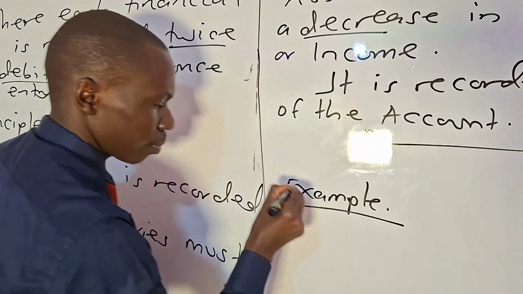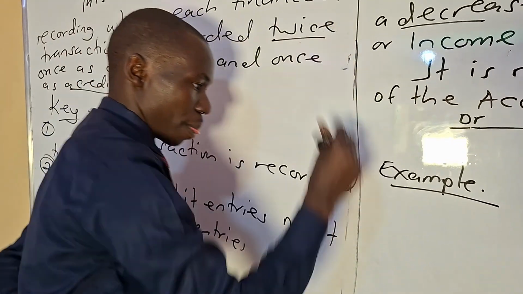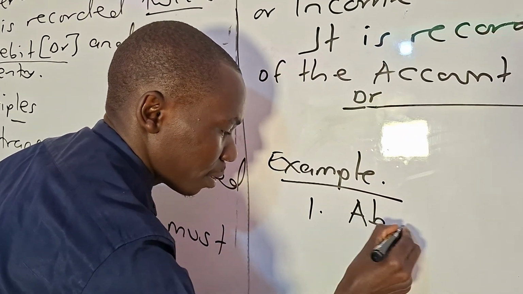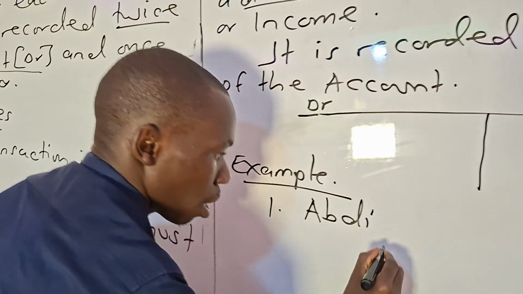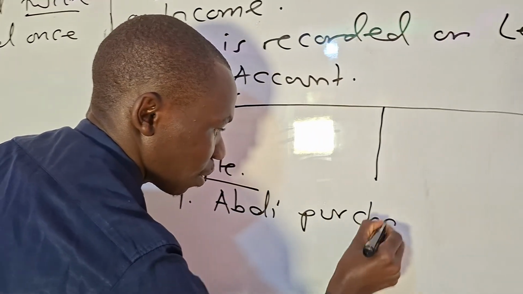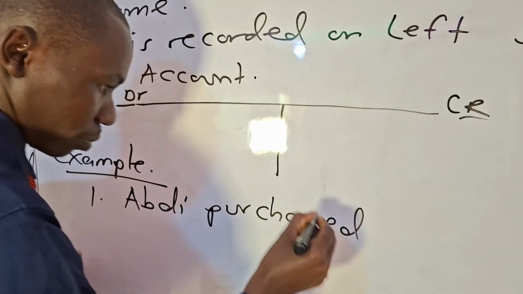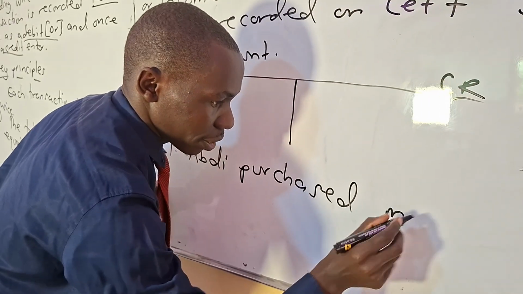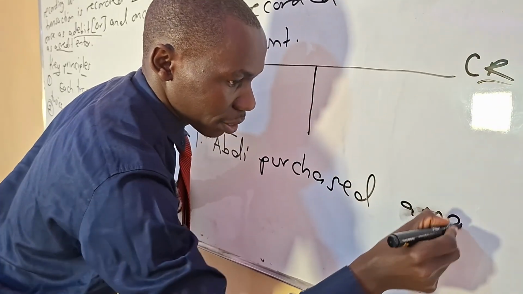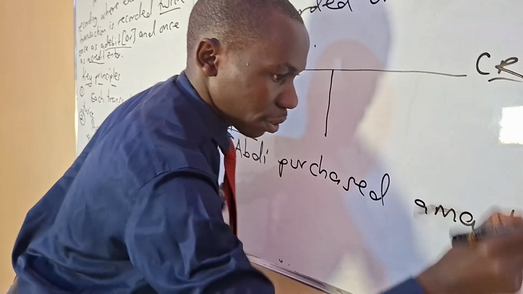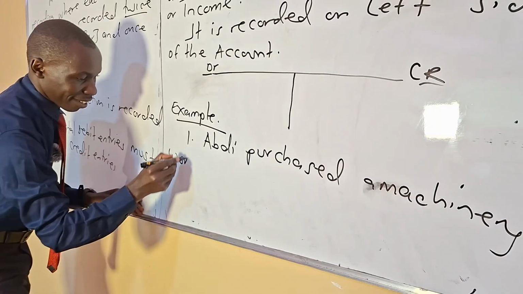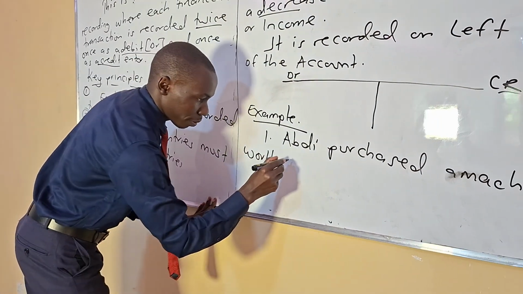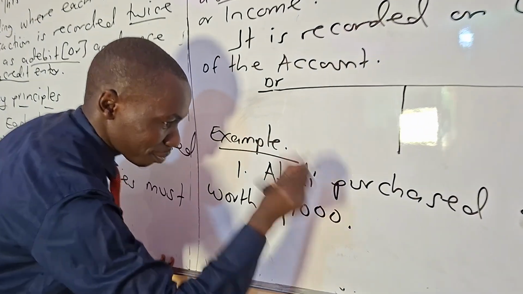Example: Abdi purchased machinery worth $1,000.